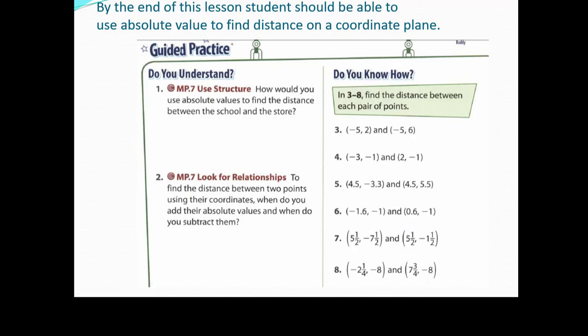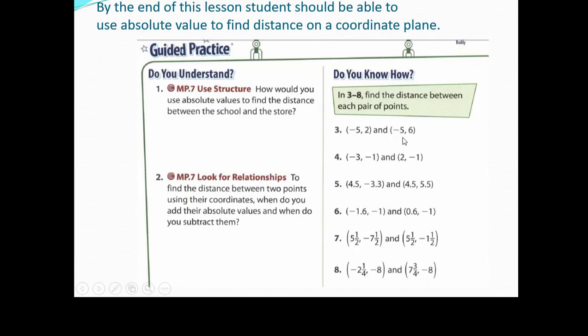Now let me show you 2 or 3 examples. Find the distance between each pair of points. Here -5, 2, and -5, 6.